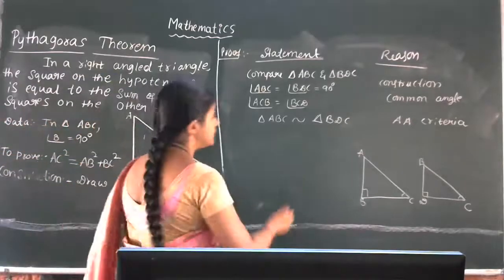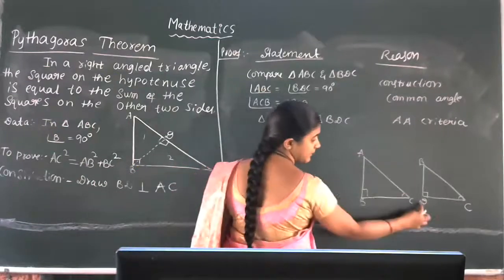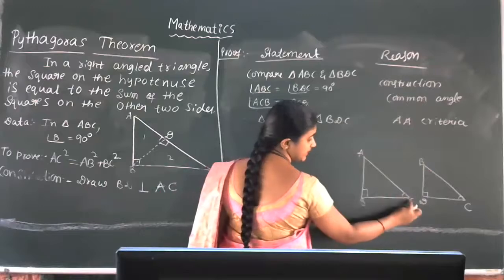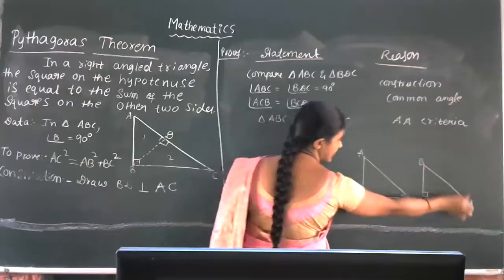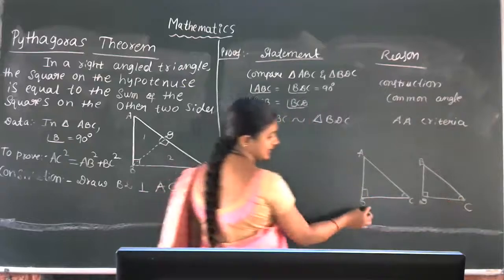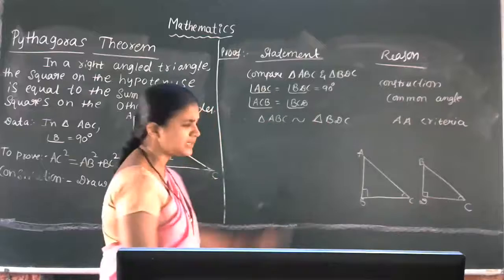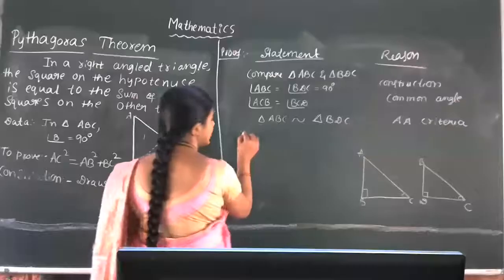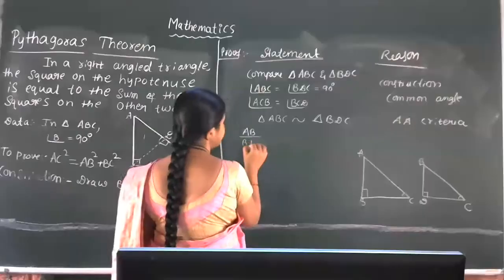So now I'll erase this one. Adding equation 1 and 2. Now the last step of the theorem is adding equation 1 and 2. So what is equation 1?